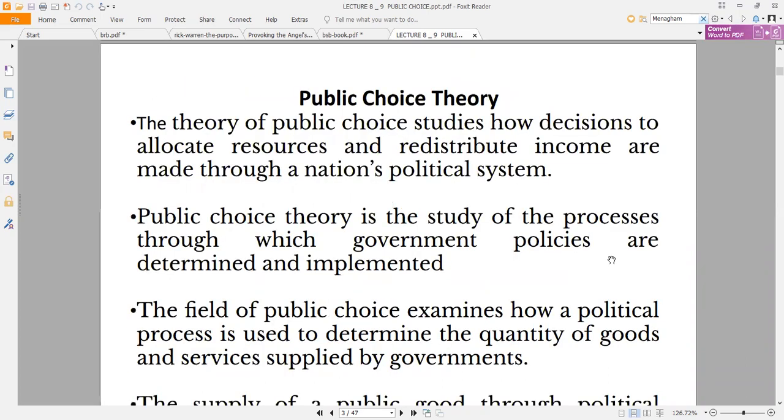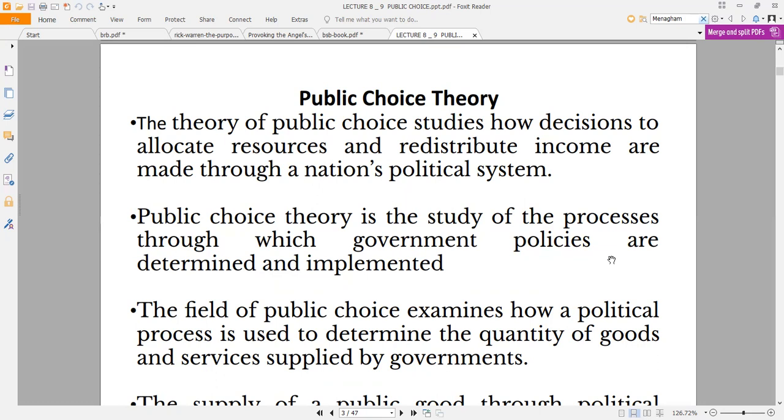All right, basically, when we talk about public choice theory, one definition is that it's just the theory that studies how the decisions to allocate resources and then redistribute income are made through a nation's political system. If you take any nation's political system, how does the political system allocate the scarce resources that we have so that they can efficiently produce the goods and services that will ultimately meet the needs or the wants of the people?